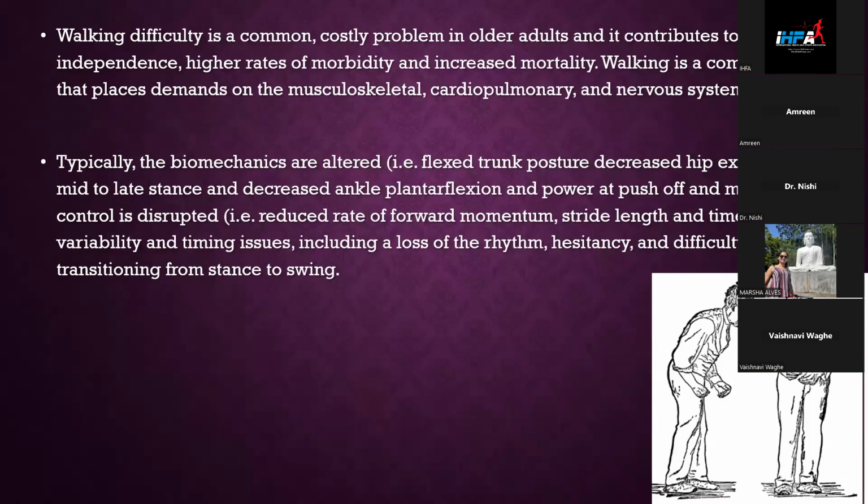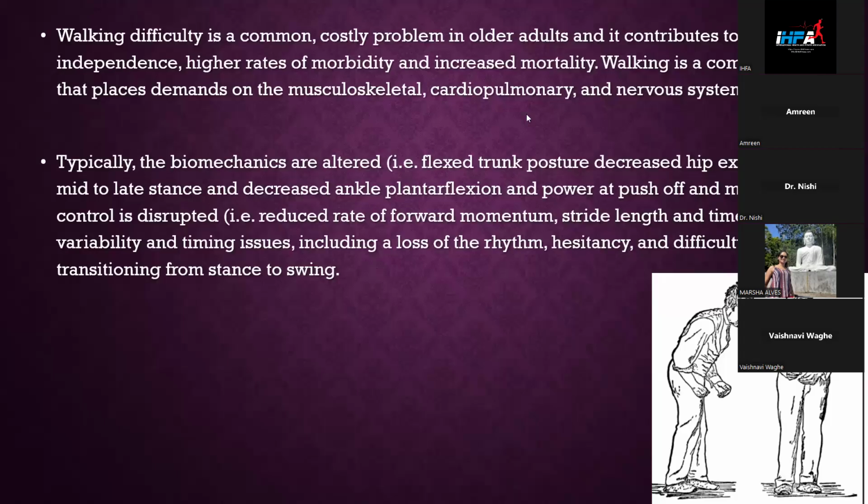Then the next most common gait we see is an antalgic gait. What is an antalgic gait? It is seen in arthritic patients. Okay, very good. It's basically a painful gait. Their walk is affected because they are unable to bear weight due to pain. Exactly. It is the most common gait we see in our IPDs or OPDs due to any joint problem or any arthritic problem.